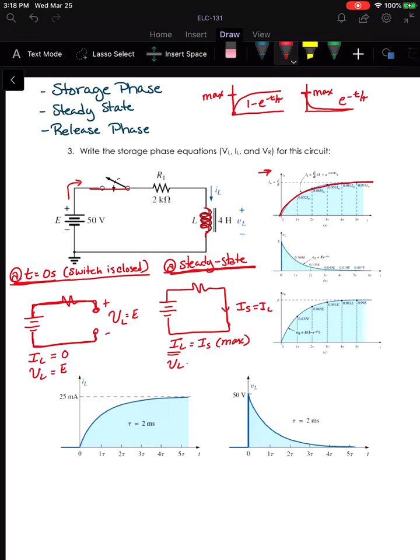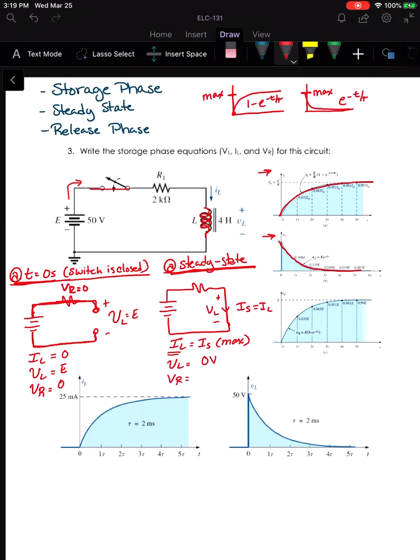And after we reach steady state, V sub L would be right here, and that's a short circuit, so V sub L would be 0 at that point. So here is our V sub L, where we start at that maximum voltage and quickly go to 0. And then the voltage drop across our resistor, in this case R1. Again, there's no current through the resistor here, so V sub R would have to be 0.